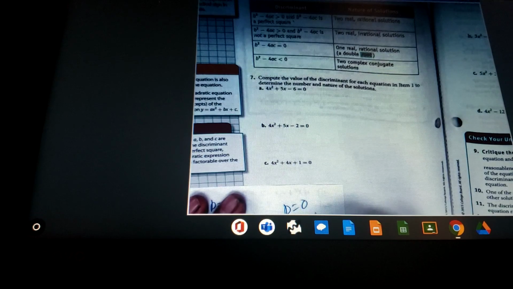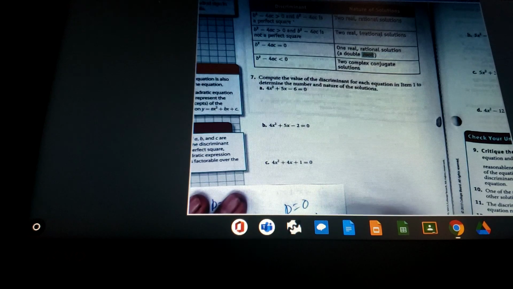How many solutions do we have? One solution. Okay. Real or complex? Real. Okay. Rational or irrational? Rational, because if you get the square root of 0, that is 0. That's why it is a perfect square. Rational. Okay? Did you understand, class?